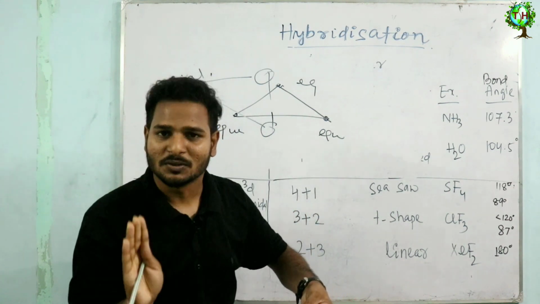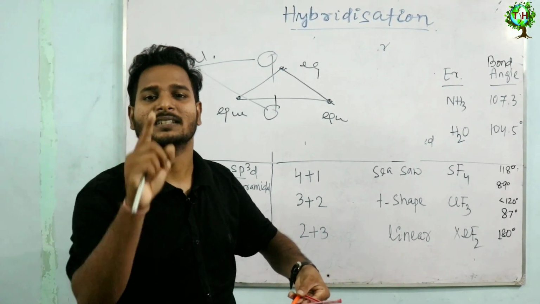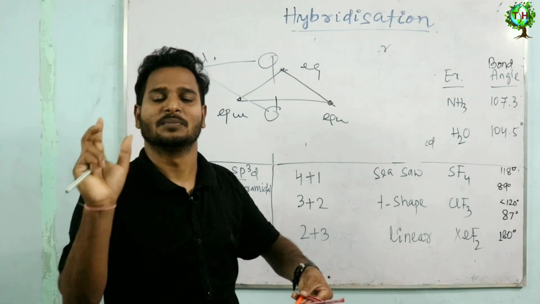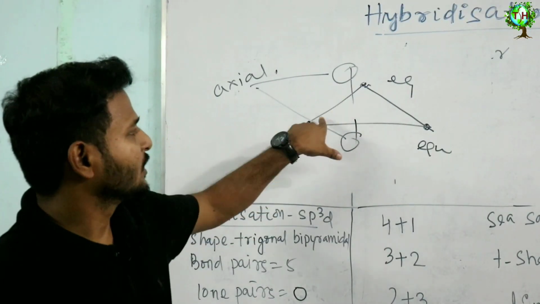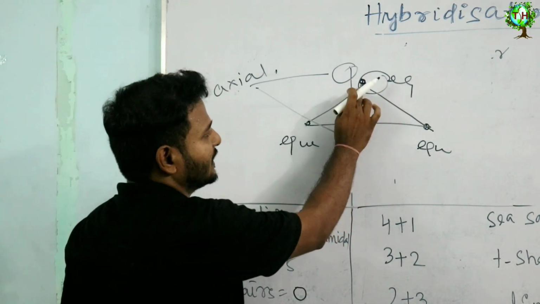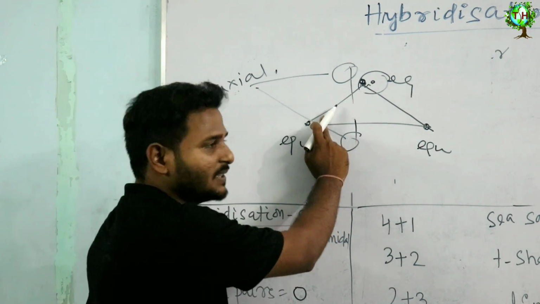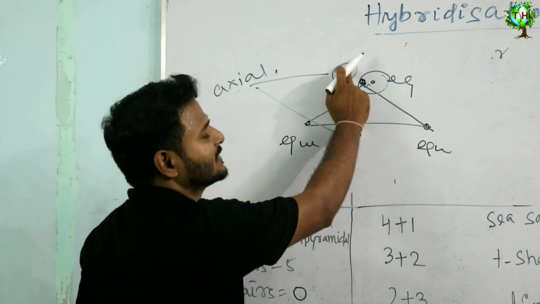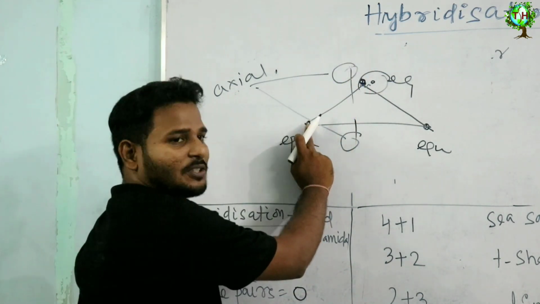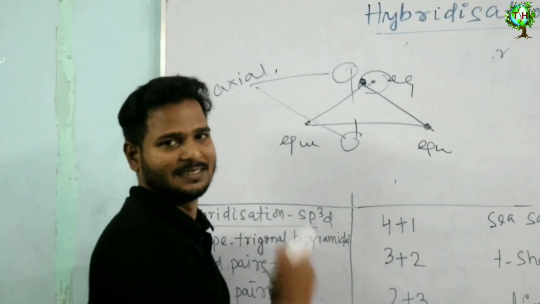So, what I want to say, in a trigonal bipyramidal structure, when a lone pair is placed, definitely at the equatorial position it suffers less repulsion. If placed at an axial position, it suffers more repulsion due to 90, 90, 90.